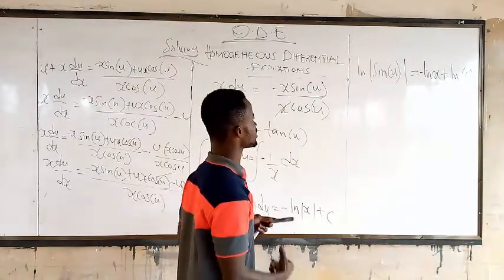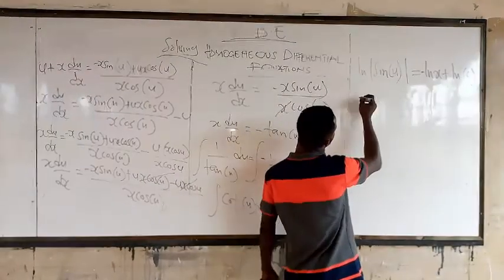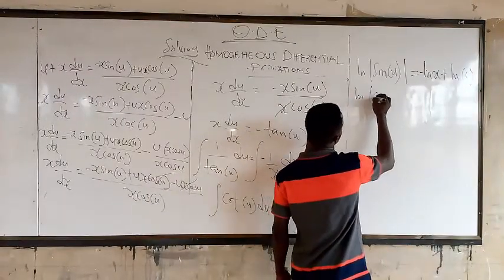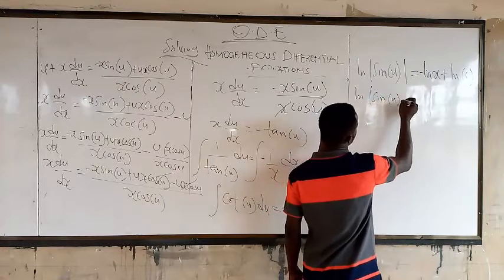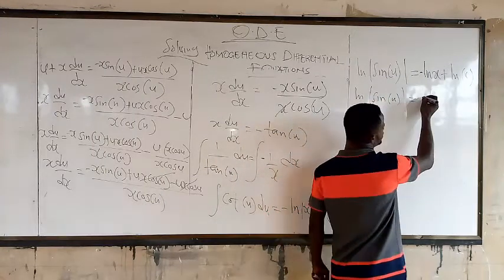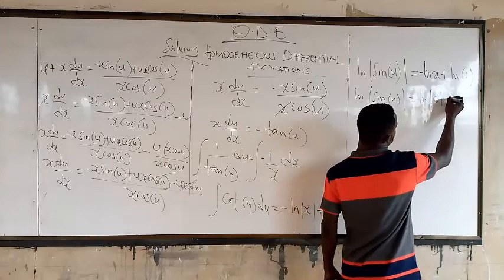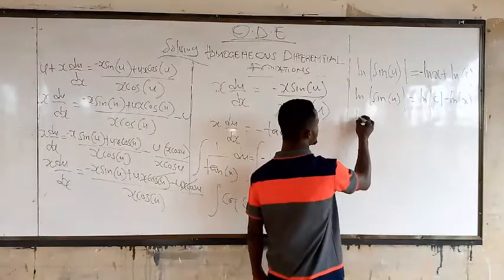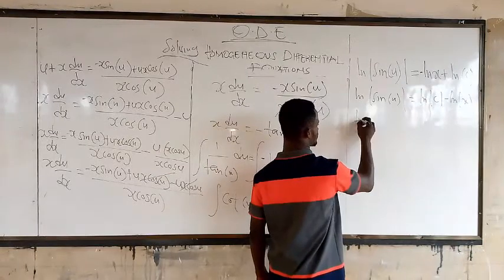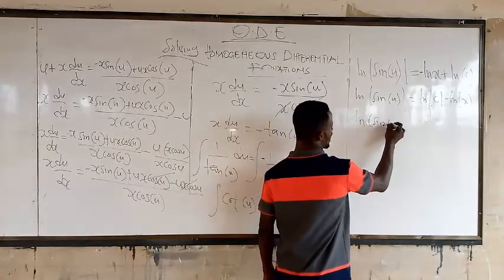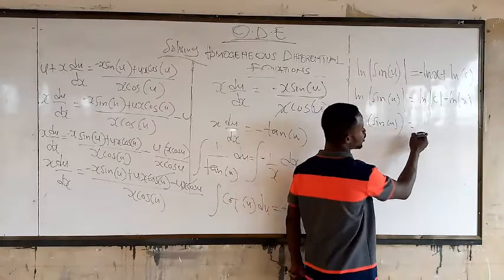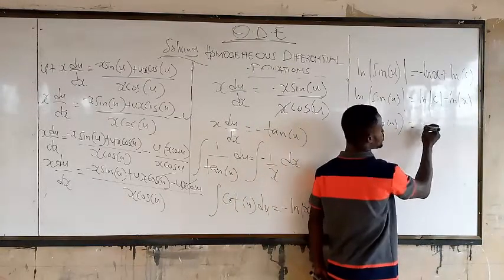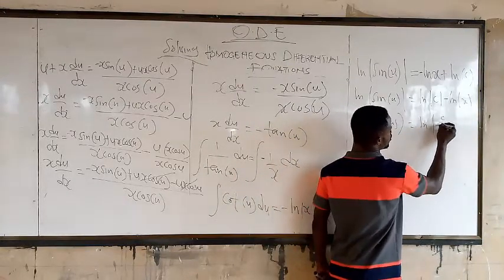Alright, so from here, what should we do? We get ln sine u is equal to, we almost got ln c minus ln x. Here we get ln sine u is equal to, here we can combine, alright, so we get ln c over x.